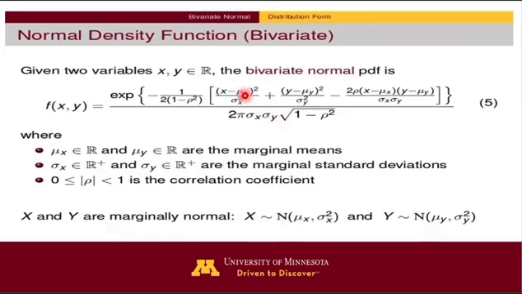Now we got a lot of parameters here. When we're dealing with one at a time, we have only two parameters, the mean and the variance. But if you take a look at equation 5, we actually have 5 parameters. We have the mean of x, the variance of x, the mean of y, the variance of y, and the correlation, making 5.